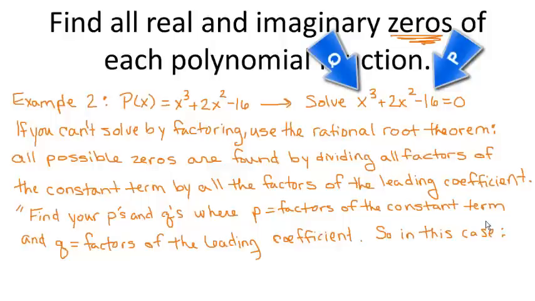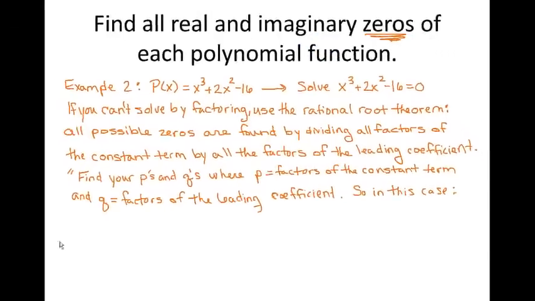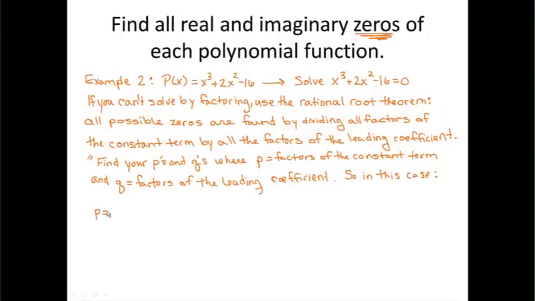So in this particular case, p is going to equal all the factors of negative 16 and q is going to equal all the factors of 1. All the factors of negative 16 could be positive or negative 1, 2, 4, 8, or 16, and notice they're all plus or minus.